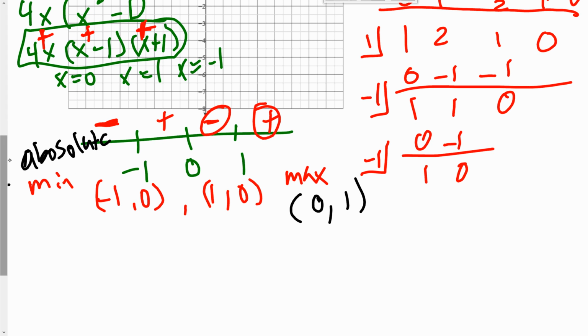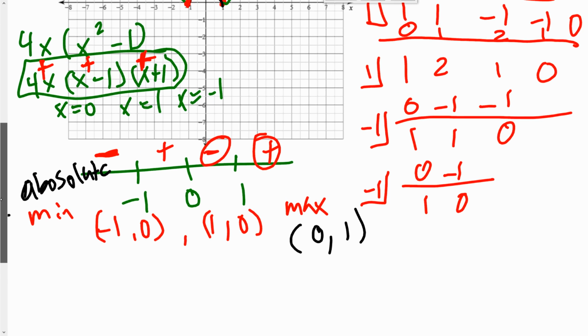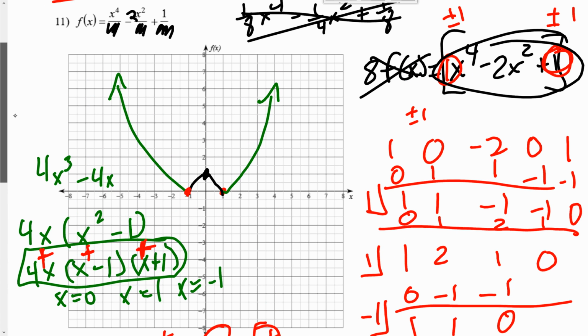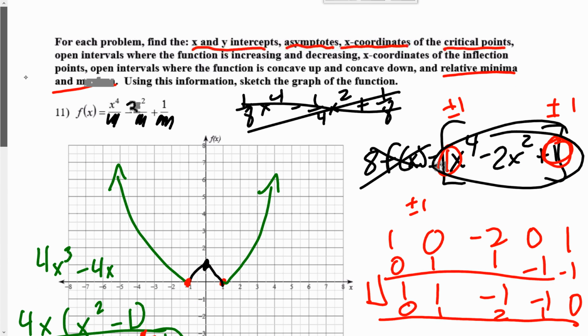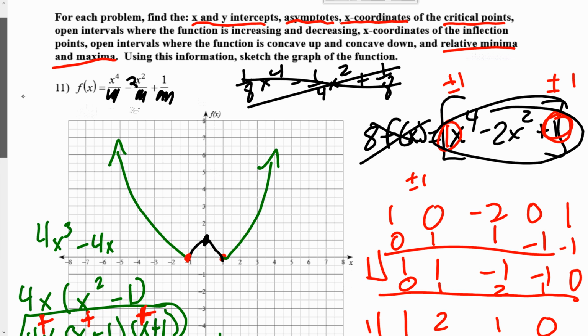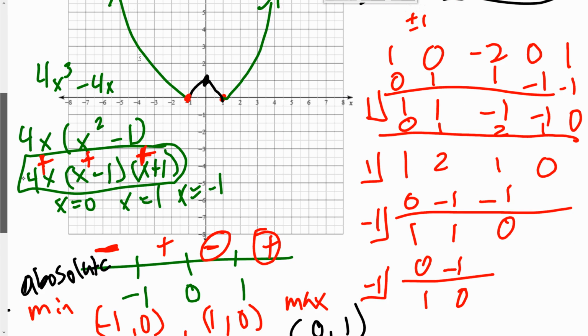So 0, 1. Okay, so those are my absolute minimums because it's to the 4th. And there's my max. So those are my critical numbers, or my relative extrema.